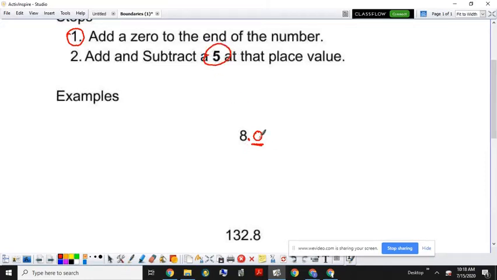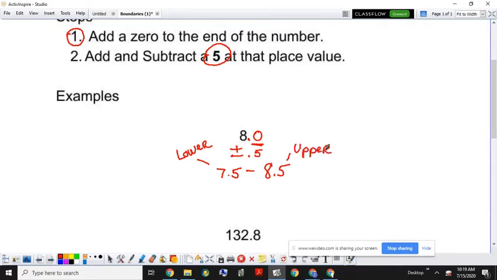So this is the tenths, so I'm going to add and subtract 0.5 at the tenths place. So 8 plus 0.5 is 8.5, and 8 minus 0.5 is 7.5. And those are your boundaries. This is your lower boundary, and this is your upper boundary.